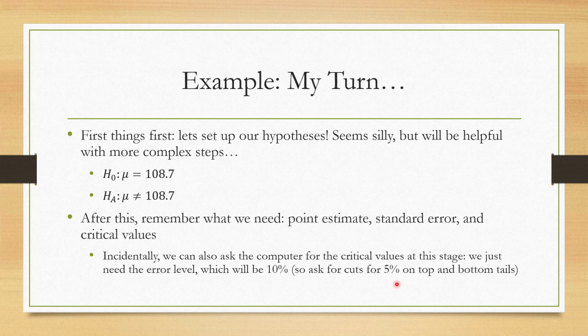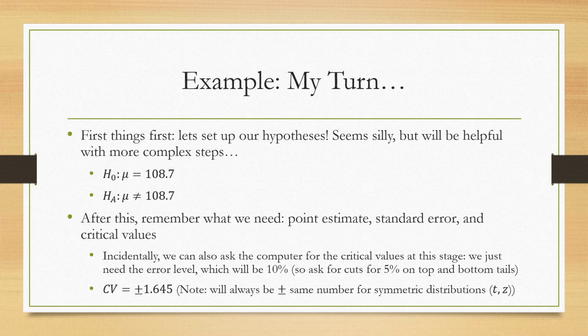So we're going to ask the computer for cuts 5% on top, 5% on bottom, which sum together for the total error rate of the problem to be 10%, or 0.10 for that alpha number. And so we can, at this very early stage, after we set the degree of confidence, go on and calculate those critical values from here.